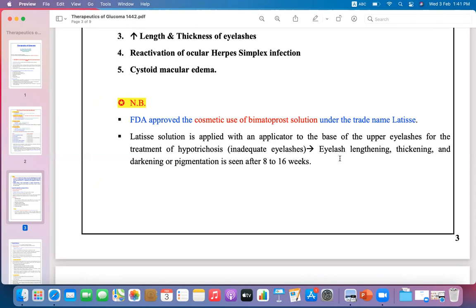Eyelash lengthening, thickening, and darkening or pigmentation is seen after 8 to 16 weeks. So this solution is used for 8 to 16 weeks, near about 4 months, and after 4 months the eyelashes will increase in length and thickness for beauty purposes.